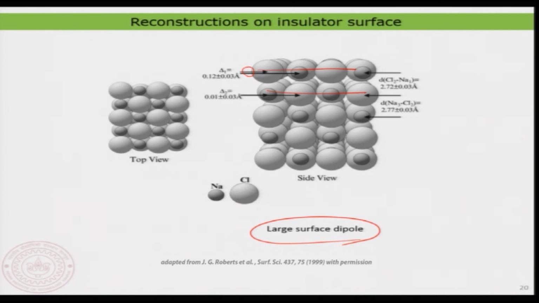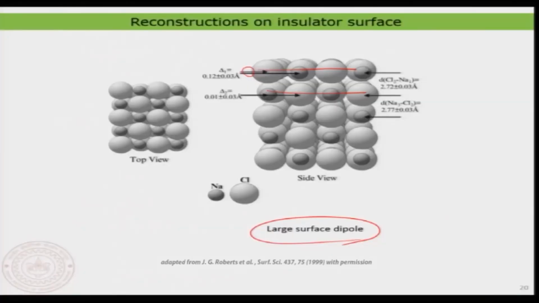So any surface that you take, the top layer is going to be relaxed. The typical reconstruction in these surfaces, particularly in salt, is just the relaxation of the top layer towards the bulk, and not the major rearrangement we have seen in the case of metals. Metals and semiconductors show the strongest reconstruction.